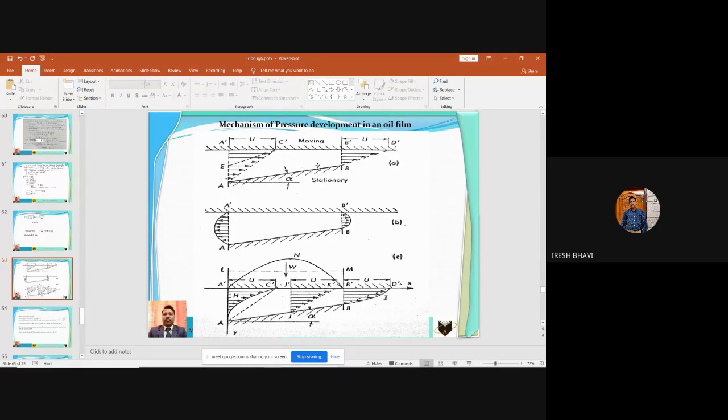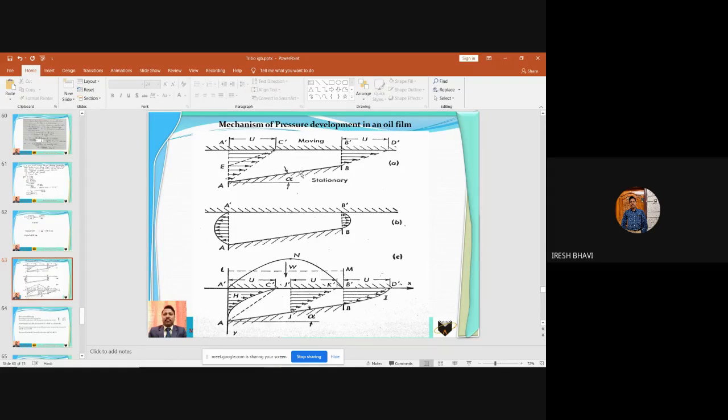So here what happens? When the shaft is rotating inside the bearing, an inclined plane will be formed between the shaft and the bearing. This is the bearing plane, and this upper one is the shaft plane. That is the plane which is moving. When the shaft starts rotating, this plane will start moving relative to this stationary plane, that is the bearing. Okay, and both the surfaces will not be parallel to each other.